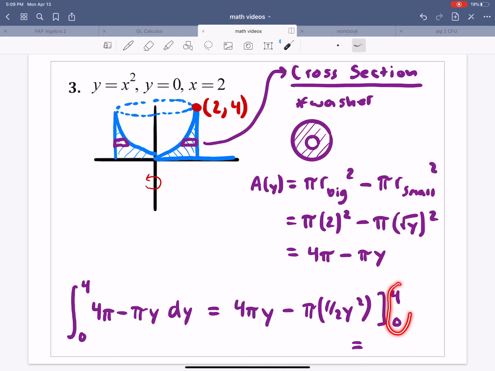We put our upper bound in for y, get a number, plug our lower bound in for y, get a number, take upper bound minus lower bound, to figure out the volume of this particular shape. So when you do that, you should end up getting 8 pi units cubed. So our volume of this particular shape is 8 pi units cubed. Okay? One more question to do together, and then we're done.